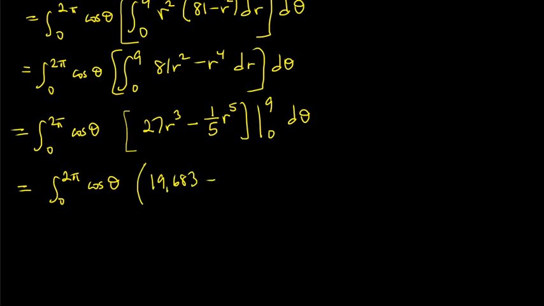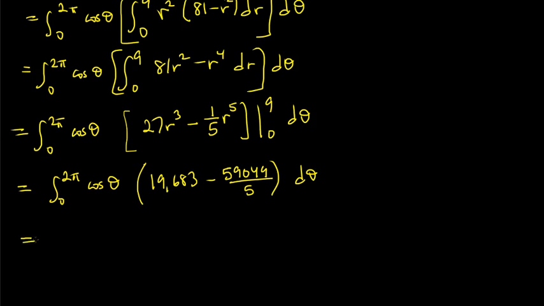Okay, minus 9 to the 5th divided by 5, which is 59,049 divided by 5, which gives us a grand total of 7873.2, right?